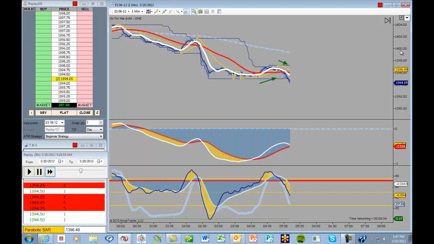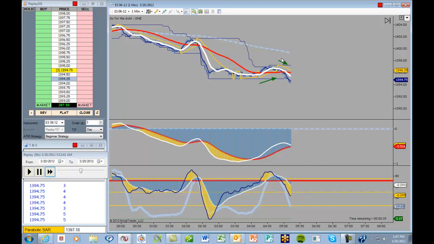That flash of red on the time and sales means a new low for the day. So we've hit both targets.